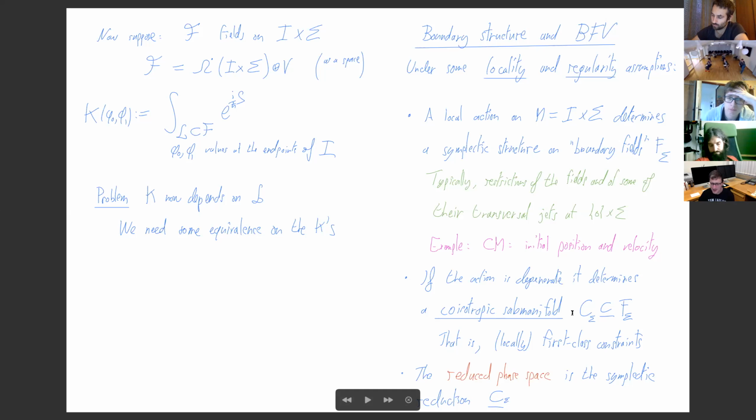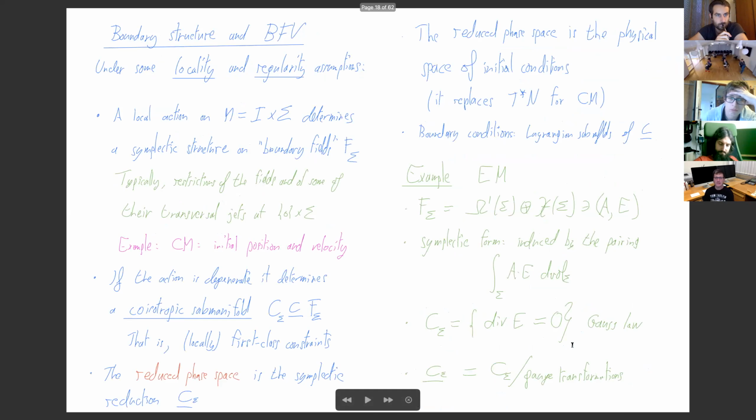Because you impose the constraints on the initial conditions, and moreover, you have their momentum. This is what this construction corresponds to. Okay, and so basically the boundary conditions we are talking about at the beginning will have to be Lagrangian submanifolds of this reduced phase space.